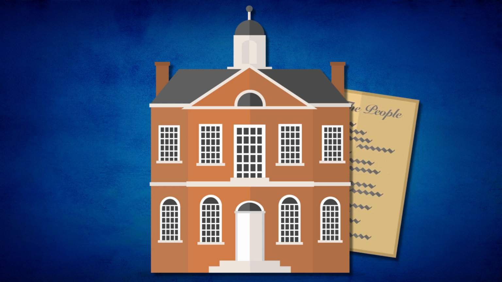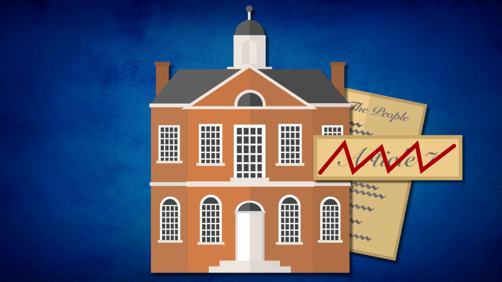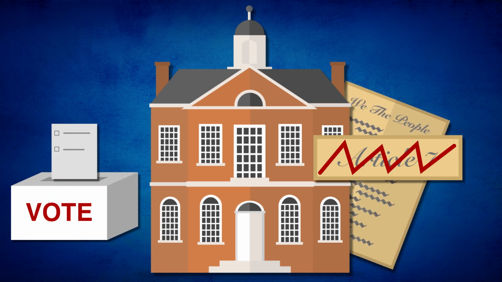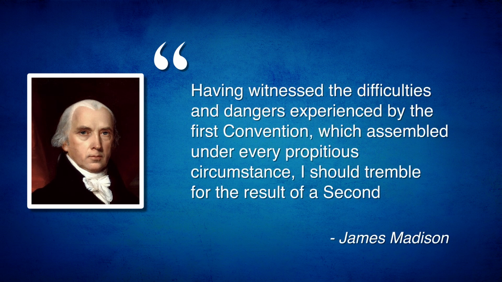And who's to say that they could not change the mode of ratification again to 51% of the states or population through a national referendum? As James Madison noted, having witnessed the difficulties and dangers experienced by the first convention, which assembled under every propitious circumstance, "I should tremble for the result of a second."